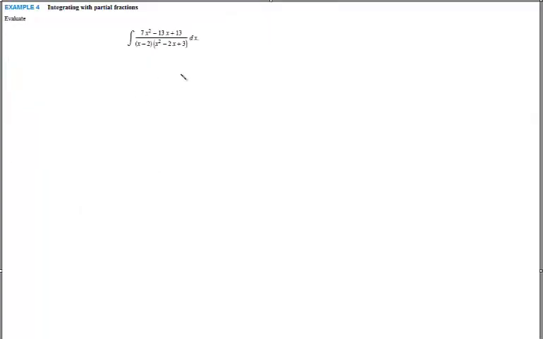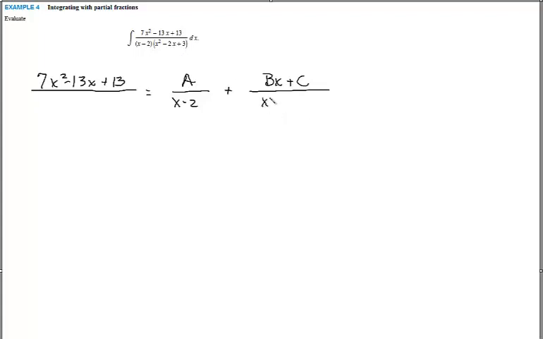In order to do the partial fraction decomposition for this particular problem, I'm going to need to break this apart with my x minus 2 and a here, and this one will be a bx plus c because this particular quadratic does not factor further, which means that I'm going to multiply both sides by this denominator and then collect my powers of x on the right hand side.